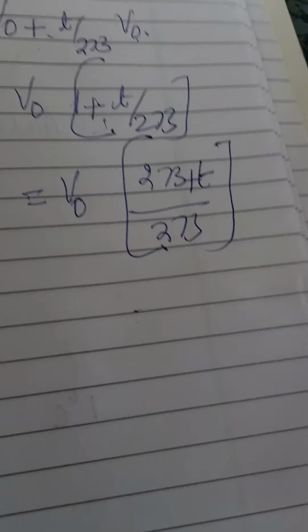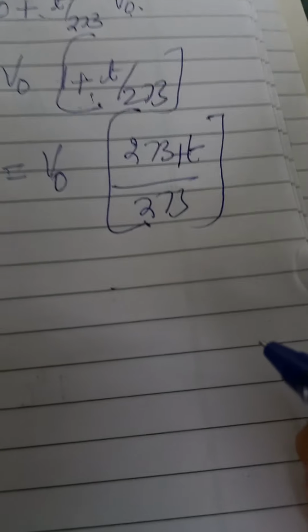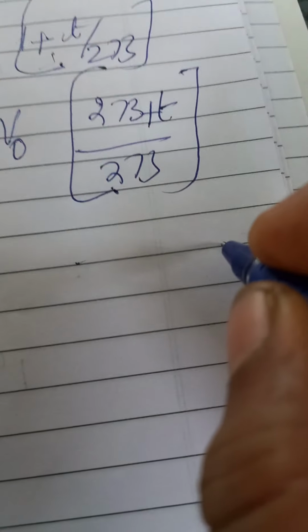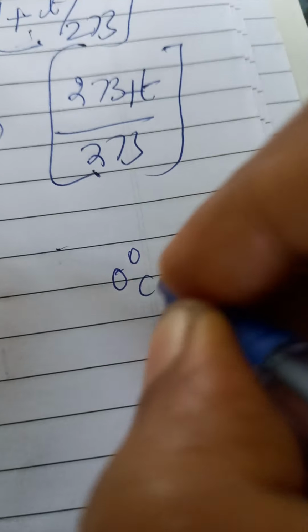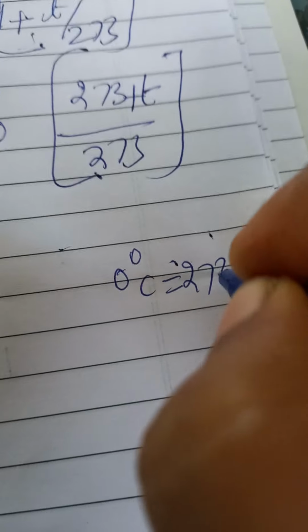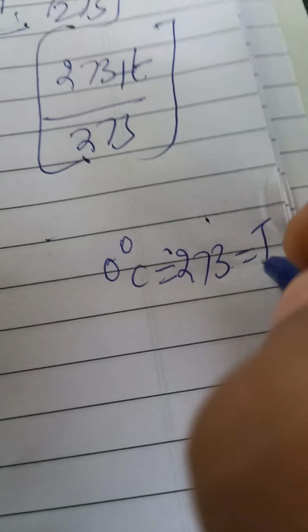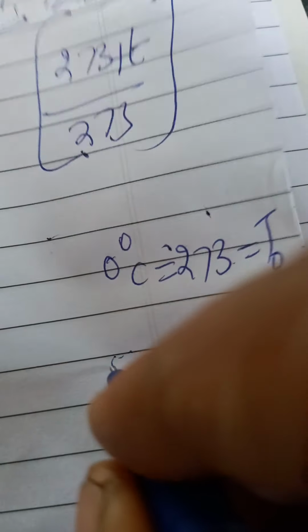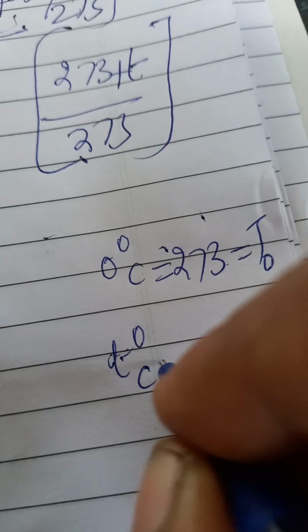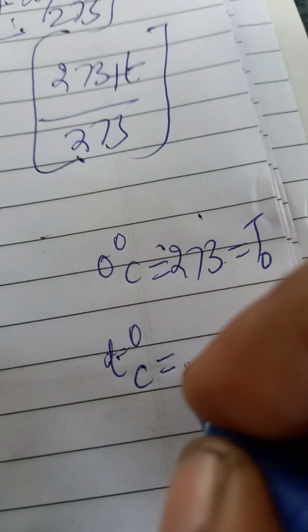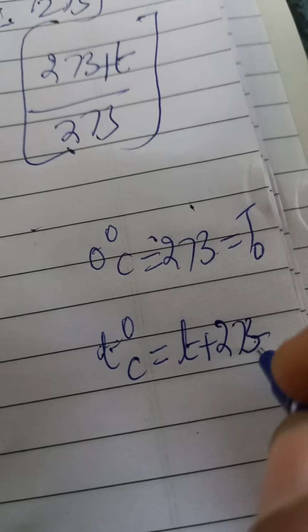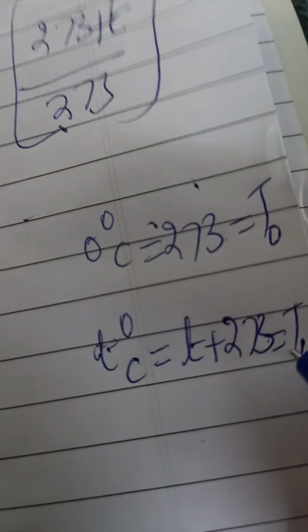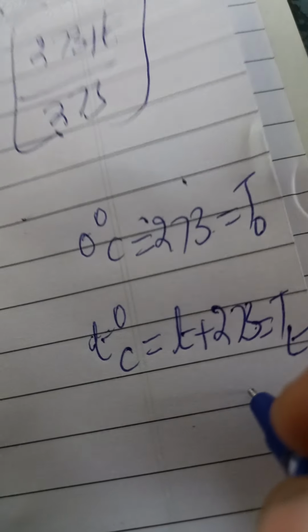There are two types of scale, Kelvin scale and Celsius scale. In Kelvin scale, 0 degree Celsius is equal to 273, that is T0. T degree Celsius is equal to T plus 273, the temperature at T degree Celsius.